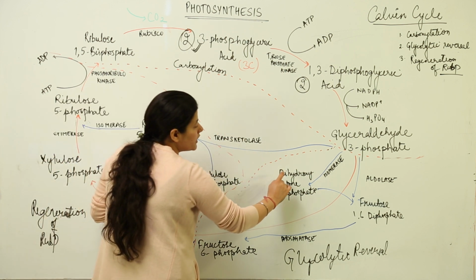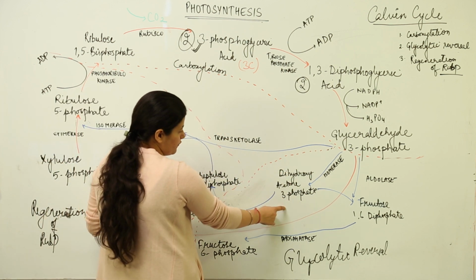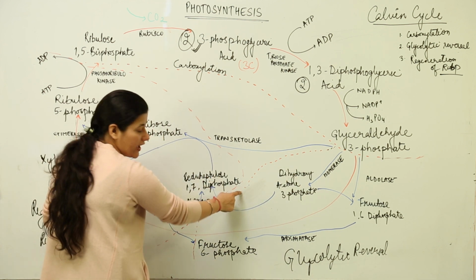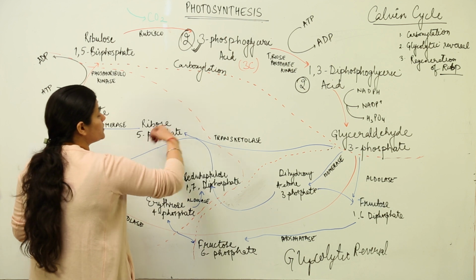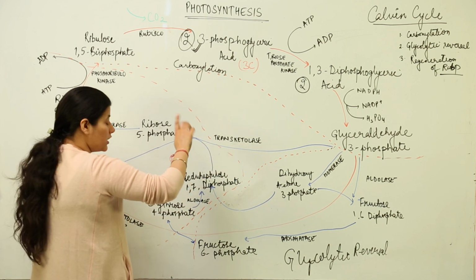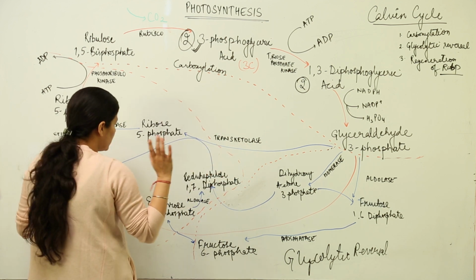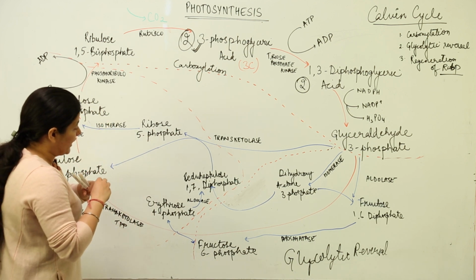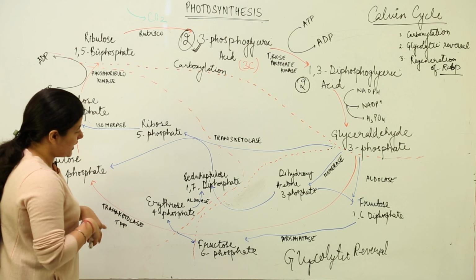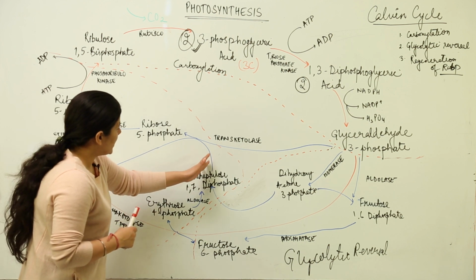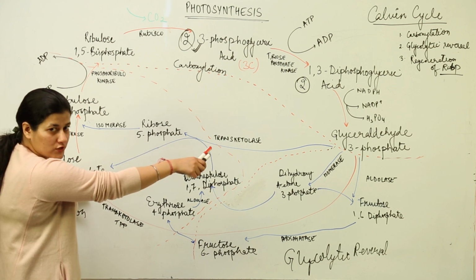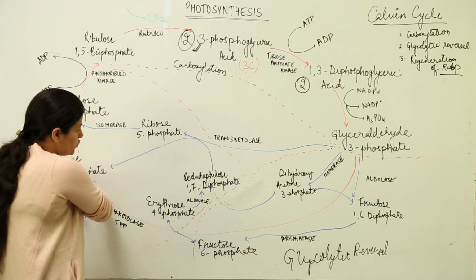What are those steps? Dihydroxyacetone 3-phosphate gets converted to pseudoheptulose 1,7-diphosphate, then it gets rid of its 1-phosphate by the activity of phosphatase enzyme, and then it comes and joins with the glyceraldehyde 3-phosphate. 2 of its carbons come and join over here.